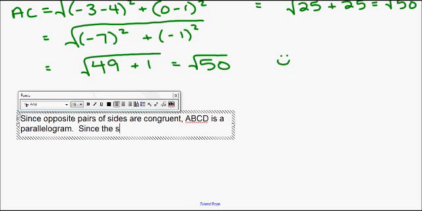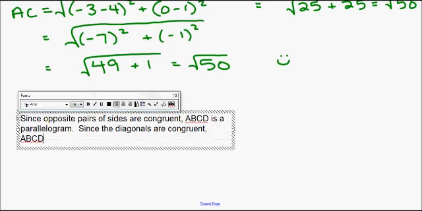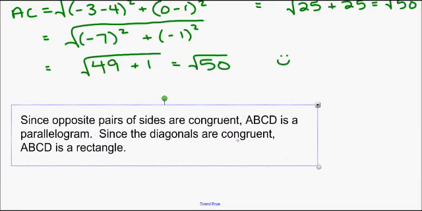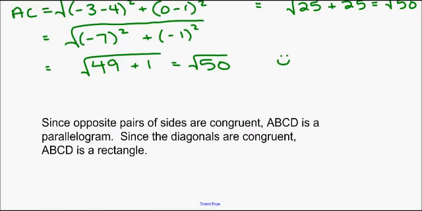Since the diagonals are congruent, ABCD is a rectangle. Okay, and that is my conclusion here. Okay, and that is the end of lesson 3.